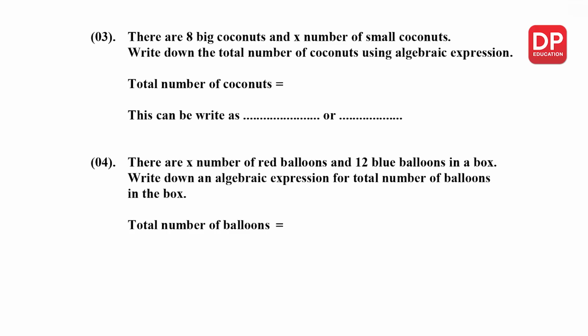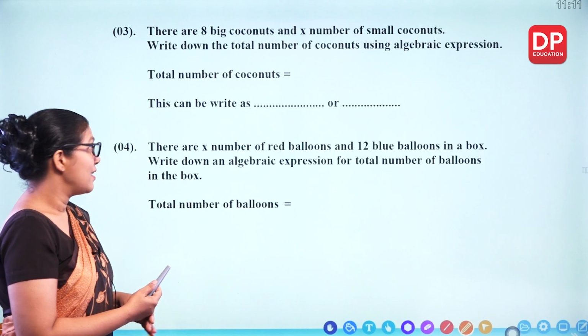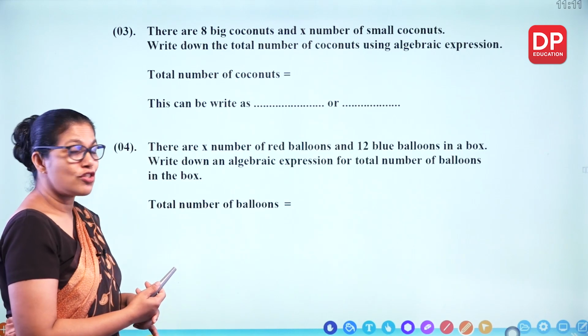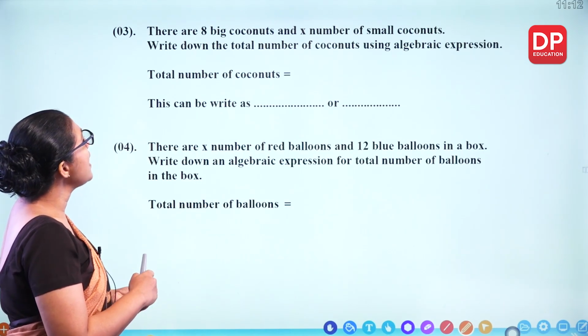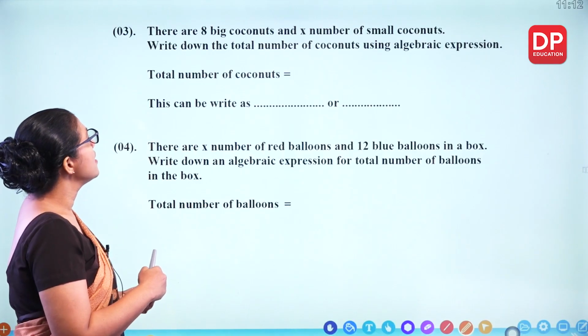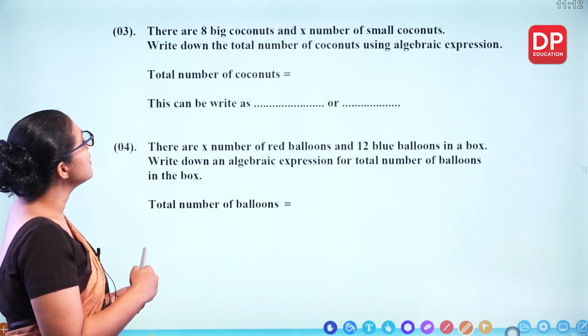There are 8 big coconuts and X number of small coconuts. Write down the total number of coconuts using an algebraic expression. Now you get letters, not just numbers. X number of small coconuts and 8 big coconuts. So how do we find out the total number?